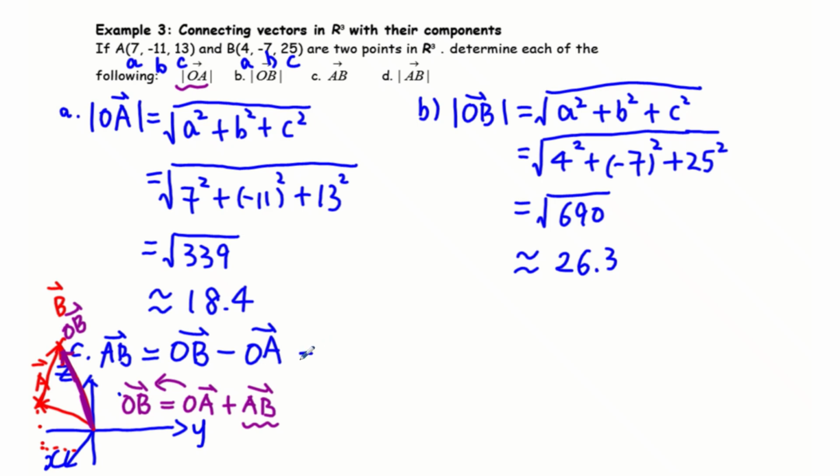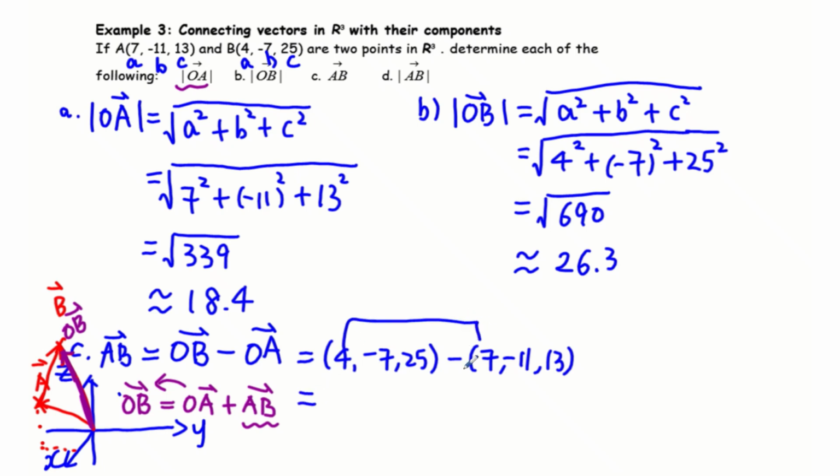Then we know the adding and subtracting already. OB is 4, -7, 25. Subtract OA, which is 7, -11, 13. Then in the x direction, 4 minus 7 is -3.